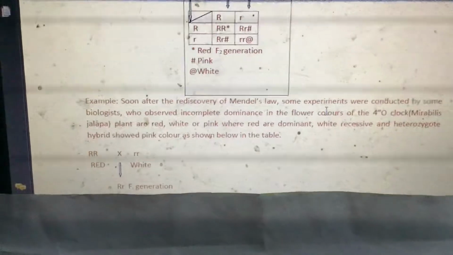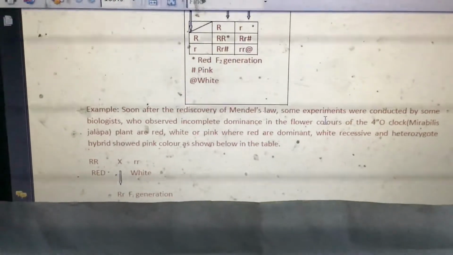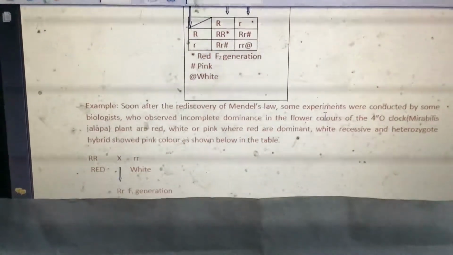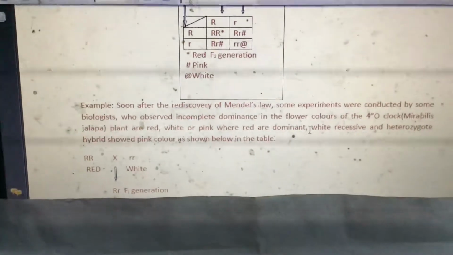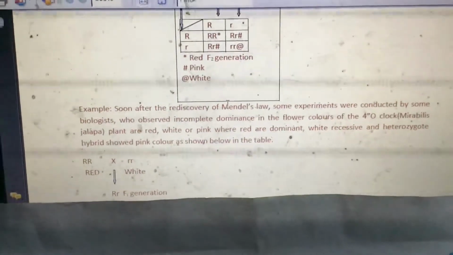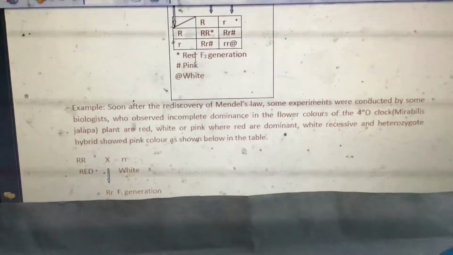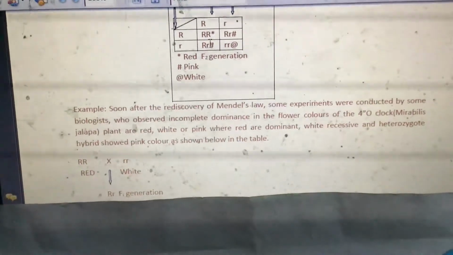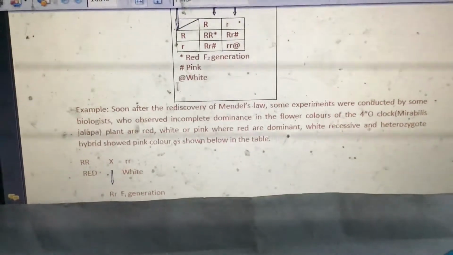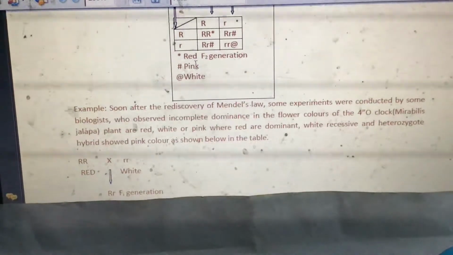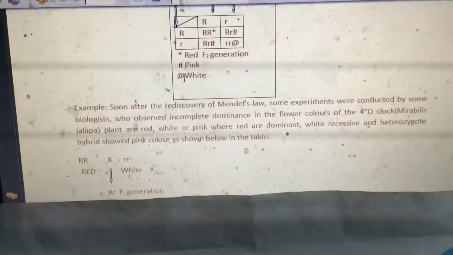Then when the F1 Rr plants are crossed with each other, the F2 generation results are shown: one is red, two are pink, and one is white.